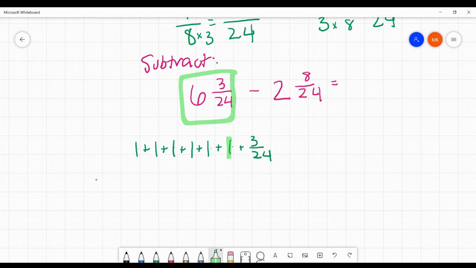I'll take one of my wholes and change it to its equivalent fraction form. So my wholes stay the same. And I know that if I have a denominator of 24, one whole is 24 over 24.